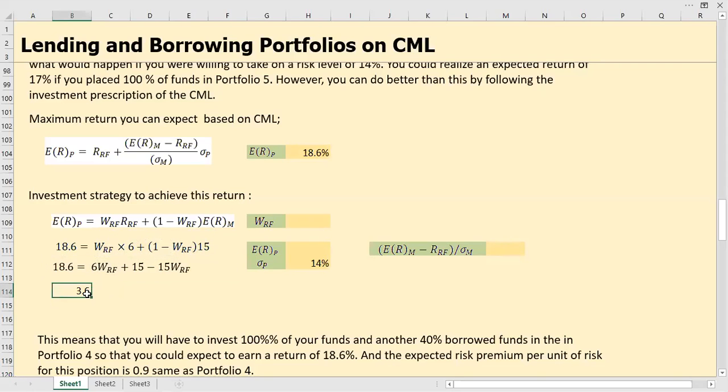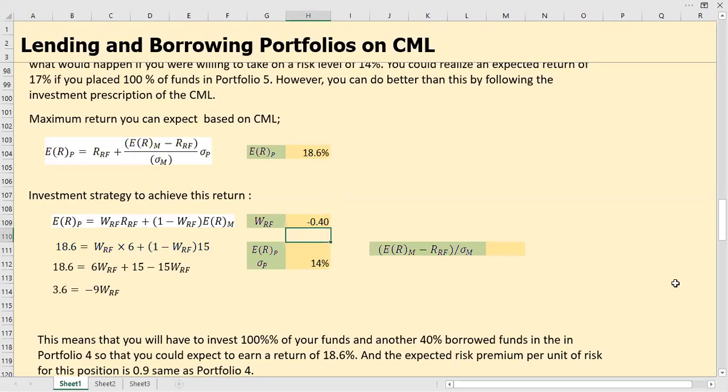Here you have 3.6, so the answer is equal to 3.6 divided by negative 9.